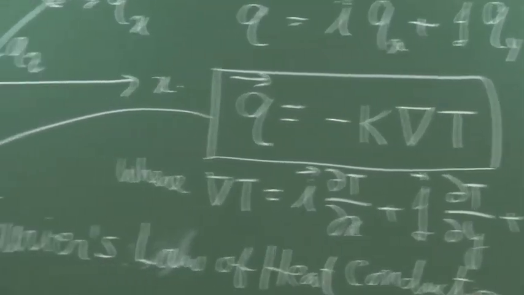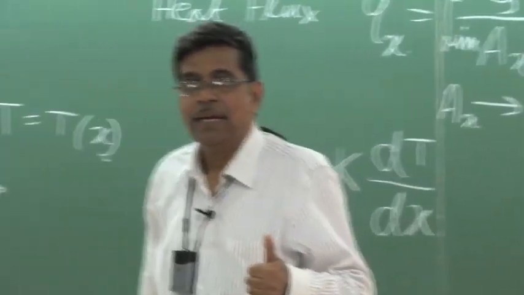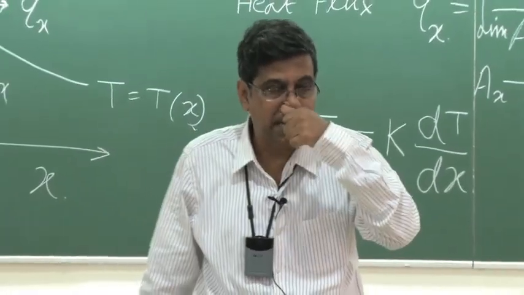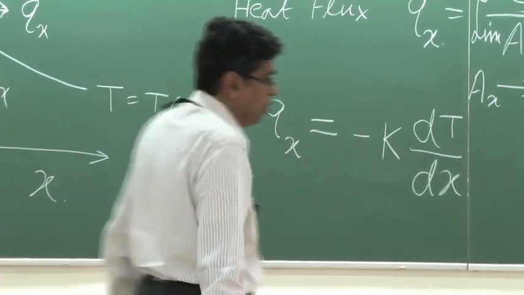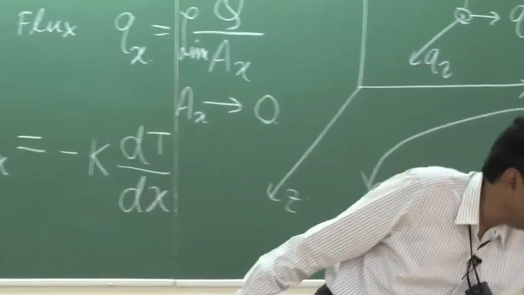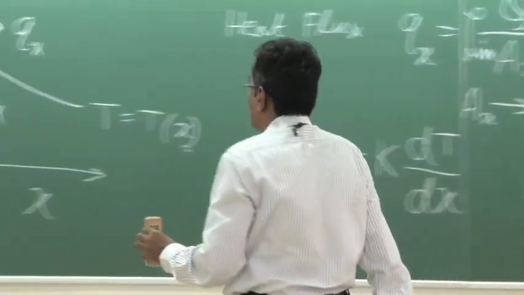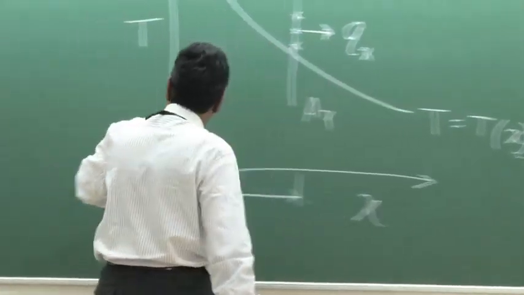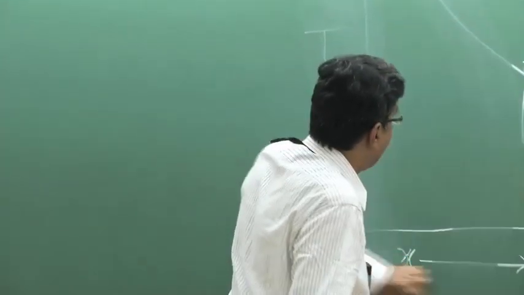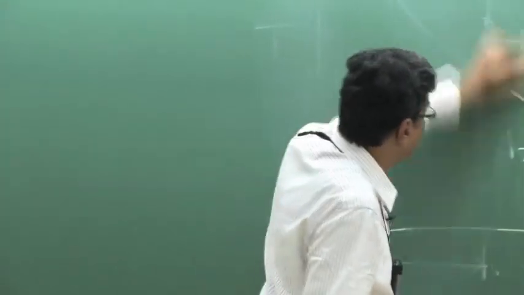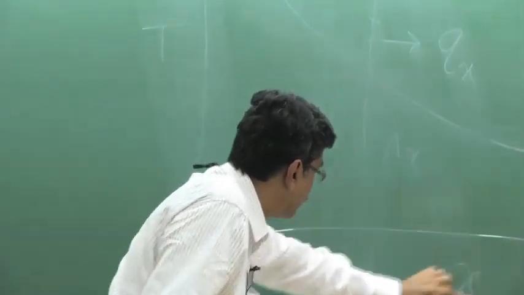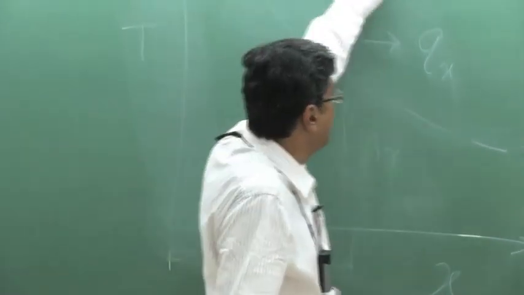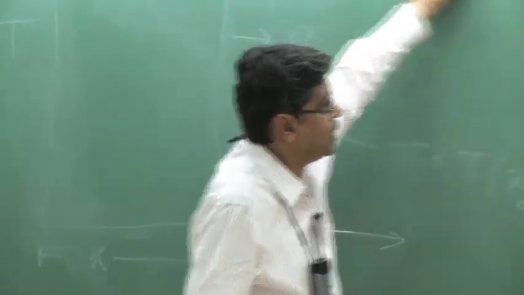Here the constant K is a property of a system and it is known as thermal conductivity. So K is thermal conductivity, and for an isotropic material K is the same for all directions x, y, z.